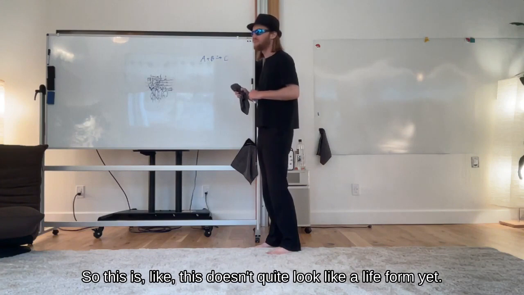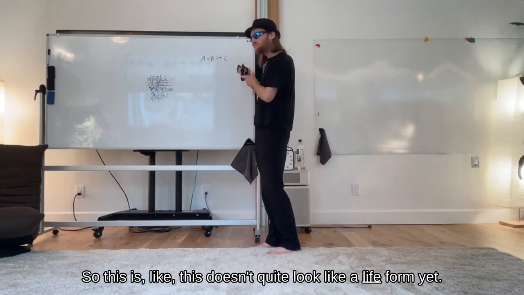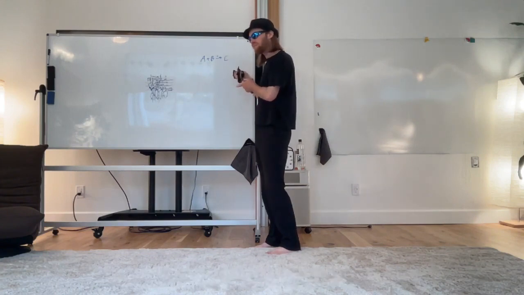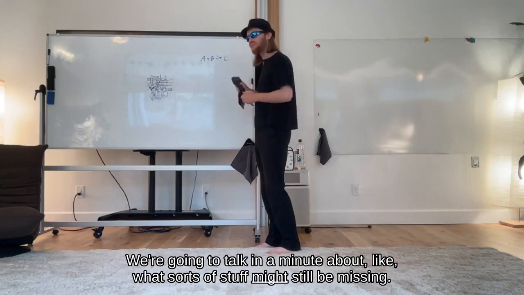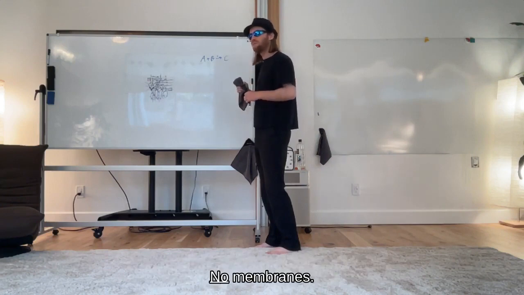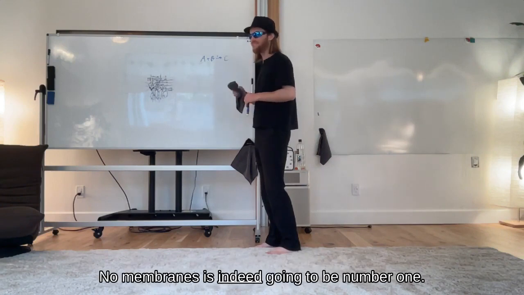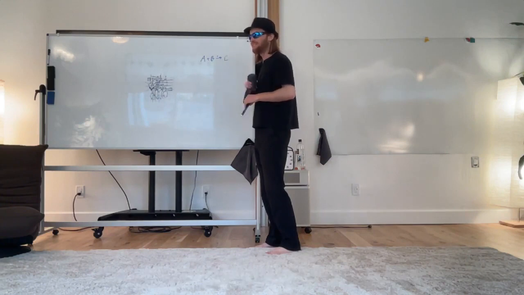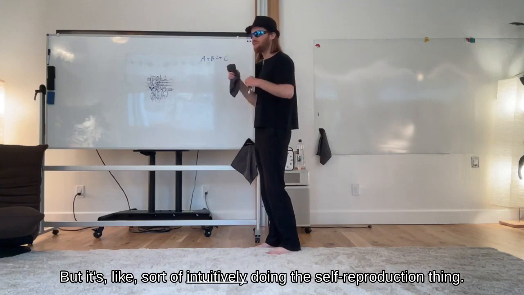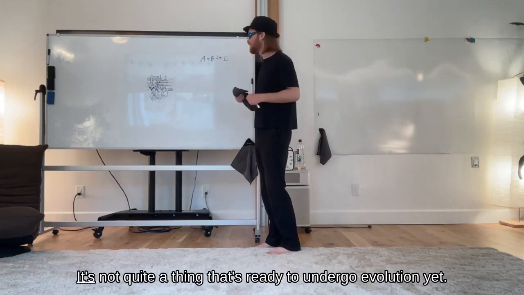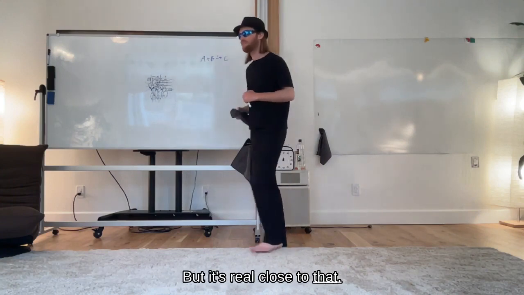It doesn't quite look like a life form yet. It feels like there's stuff missing. We're going to talk in a minute about what might still be missing. No membranes is going to be number one. But it's intuitively doing the self-reproduction thing. It's not quite ready to undergo evolution yet, but it's real close.